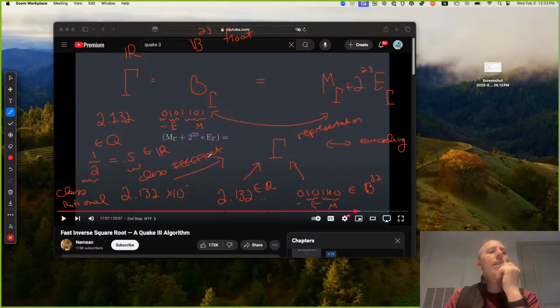So they're the same number, but they're encoded differently. Well, I guess there's two things. They're members of different sets.